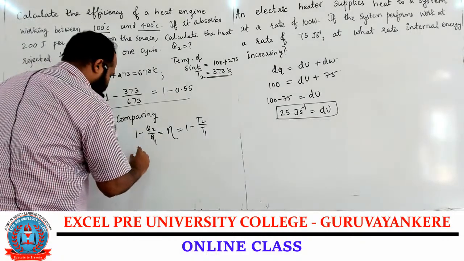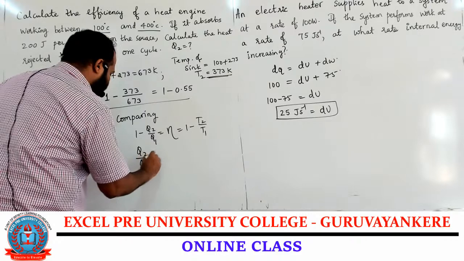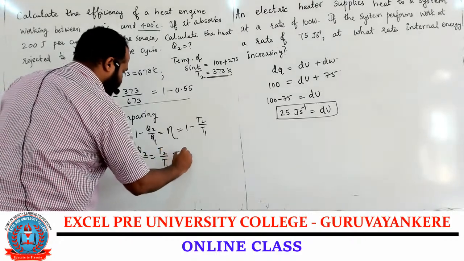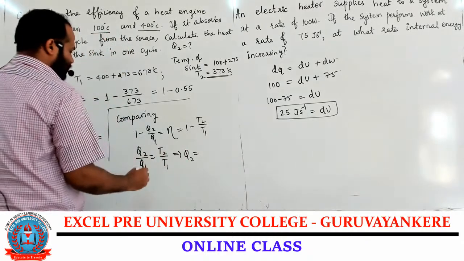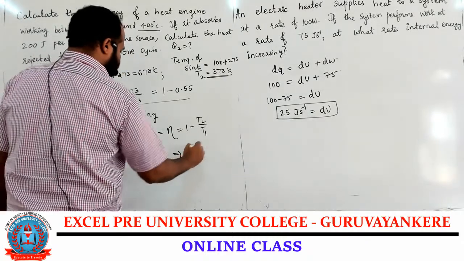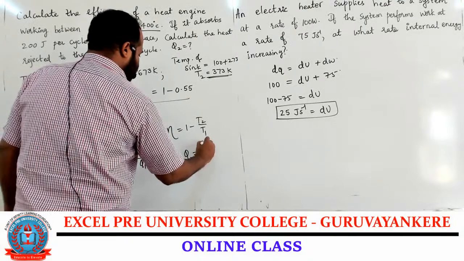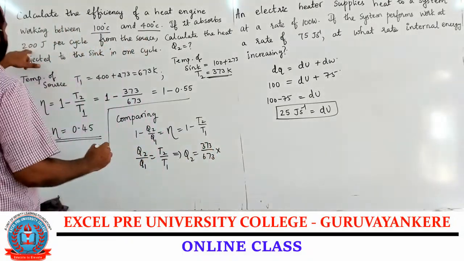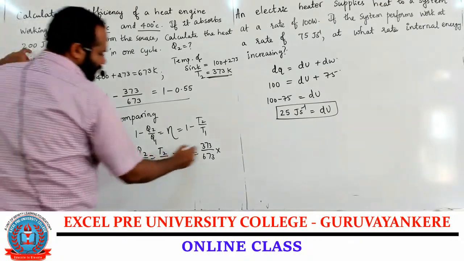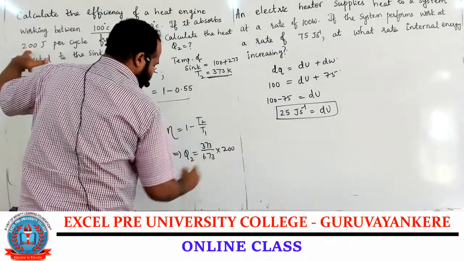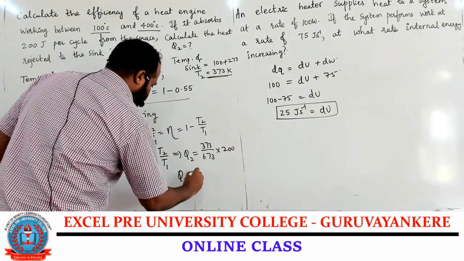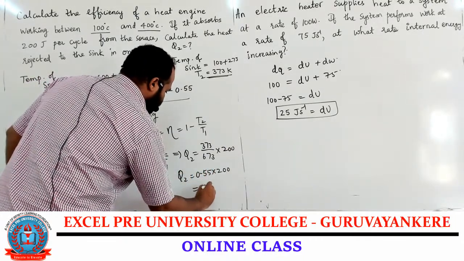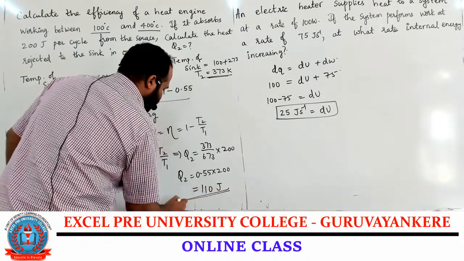So you can always write Q2 by Q1 is T2 by T1. So Q2 is 373 by 673 into Q1. Heat absorbed is 200, so 0.55 into 200 is 110 joule.